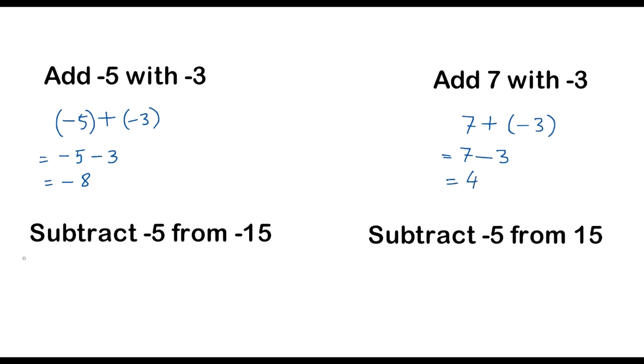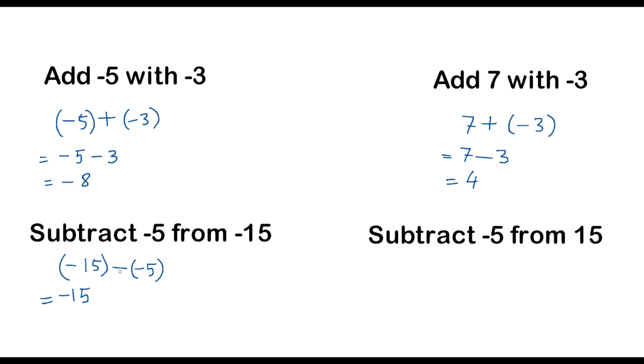Here we are doing some subtractions. Subtract negative 5 from negative 15. So there is a subtraction. We are subtracting negative 5 from negative 15. Now negative 15 will remain negative 15 and negative 5.